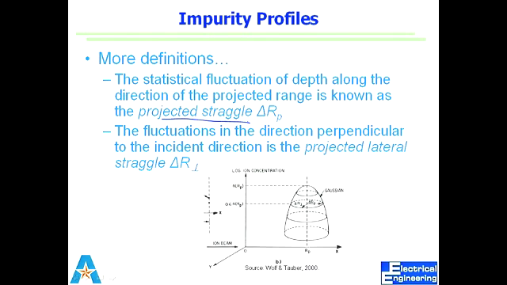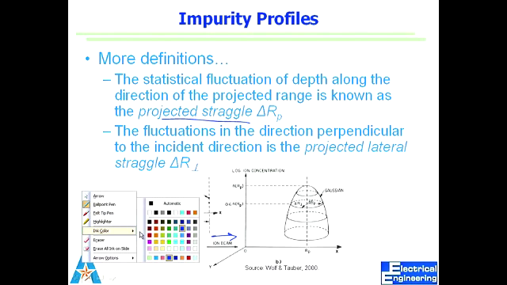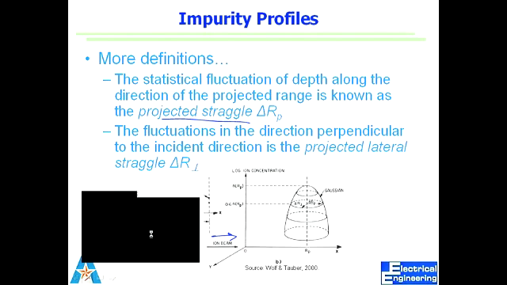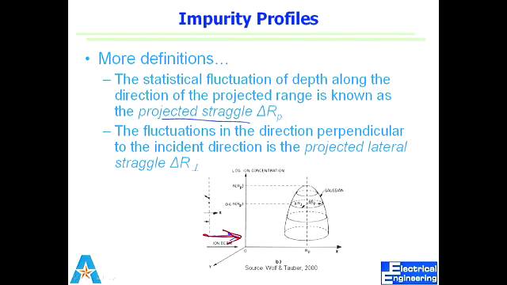Both of these are important because once we bombard with an ion beam, what do we get? We get not only the distribution of the concentration of dopants, but we also get the distance, which increases or decreases depending on these two straggles, delta Rp and delta R perpendicular.